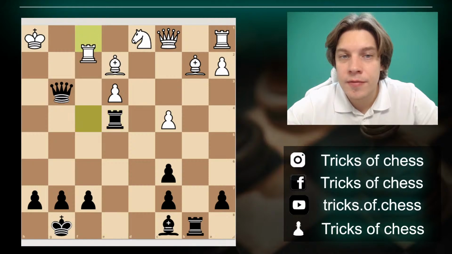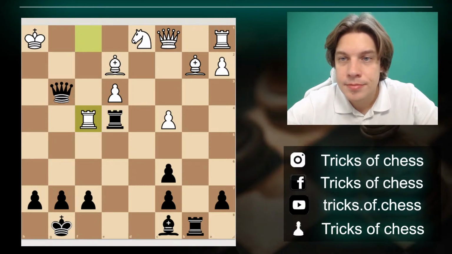However, even there he finds the way how to play. He plays this move. What's your next move? What do you think?